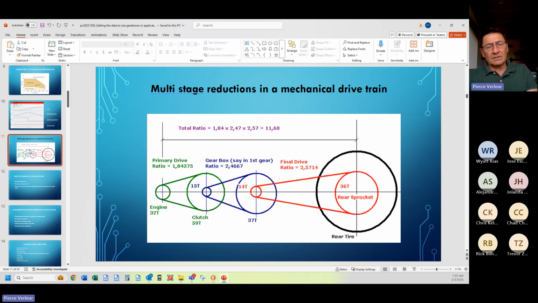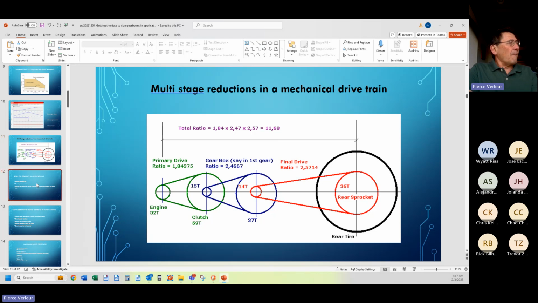So if it's 2 stages, it's the first stage times the second stage, 3 stages, etc., etc. In this particular case, we have a ratio of 1.84, 2.47, 2.57, and the total is 11.68. Sorry, those commas were because this was aimed at a European audience.